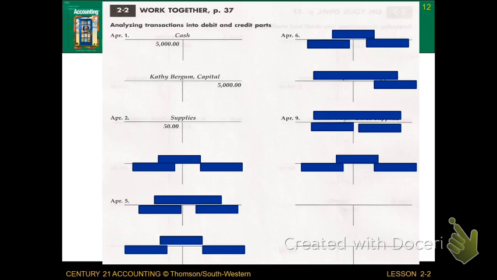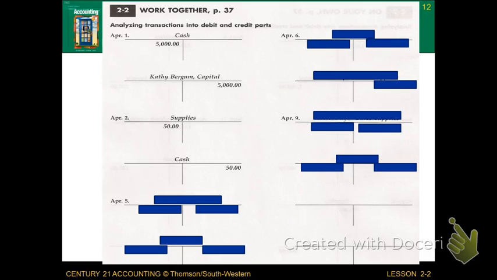And we paid cash for that amount, so our cash decreases as a credit. Both are assets. So we have our debit for supplies, we have a credit for cash. Good to go.